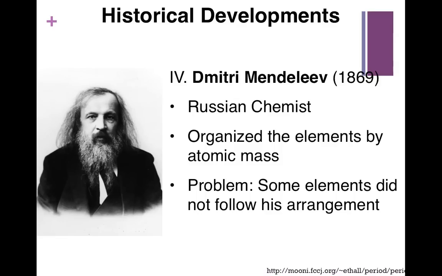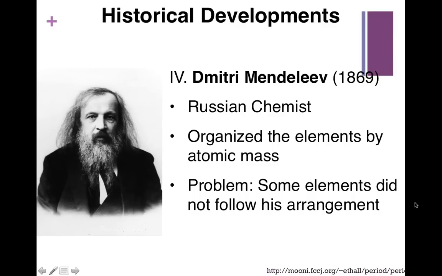So not only did he organize it by mass, but also by properties that he knew certain ones had together. Kind of like you and the aliens in that lab, you put all the ones that looked similar together. That was how he originally built it.